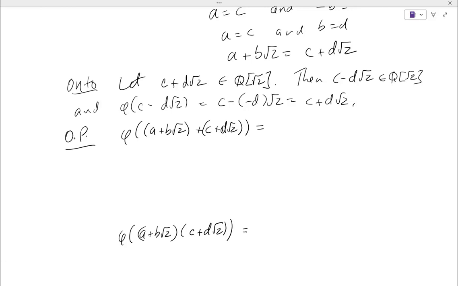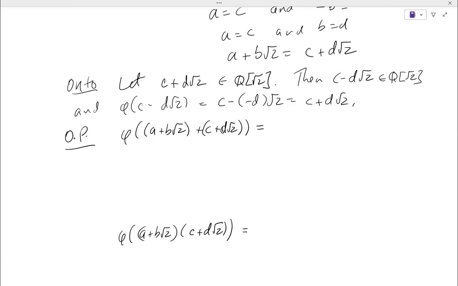So I need to do phi of two things added together, and I need to do phi of two things multiplied together. I got to do both. You'll like groups later, we only do it one time. Rings, we have to do it twice.